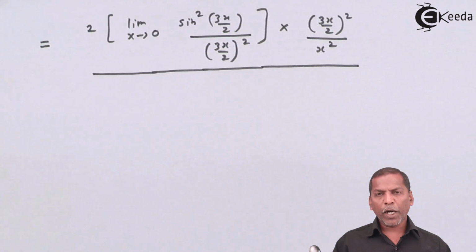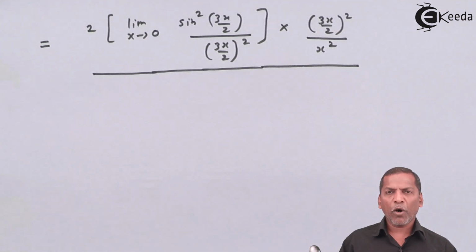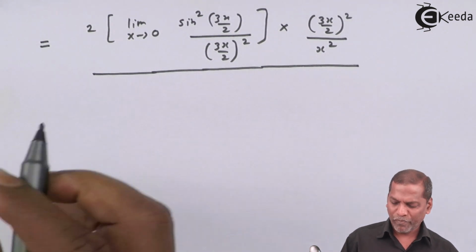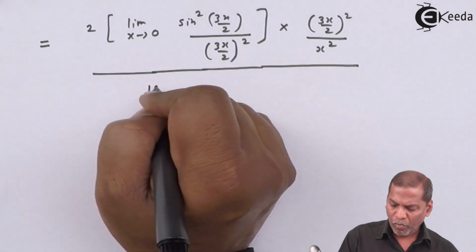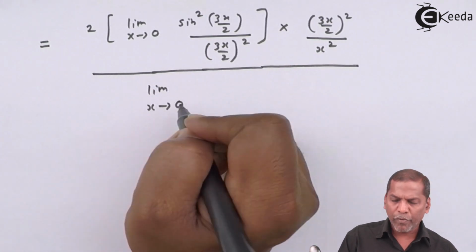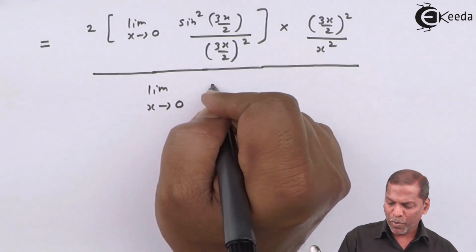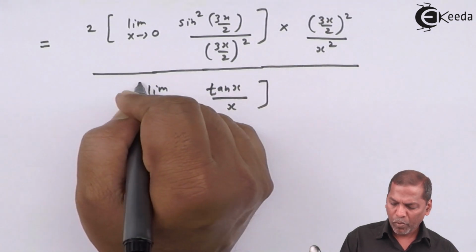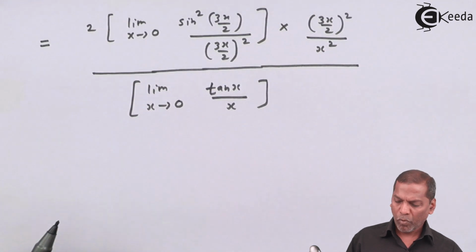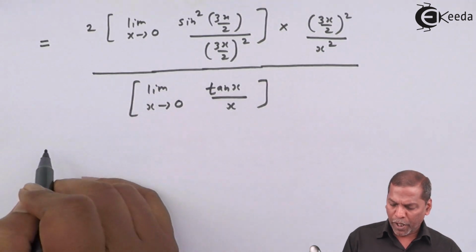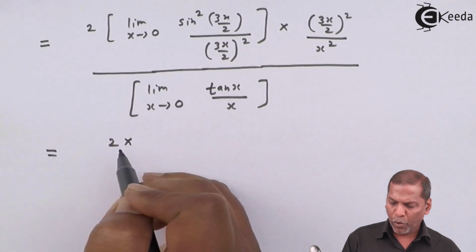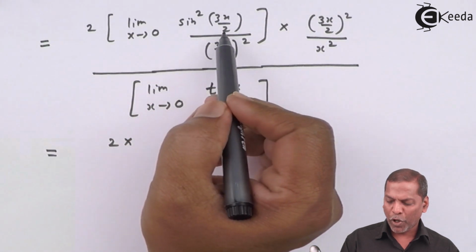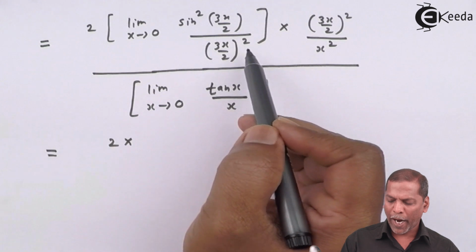It means here we multiply numerator and denominator by the term (3x upon 2) bracket square. Now in the denominator we write limit x tends to 0 simply tan of x upon x. So in this way we get 2 into, now limit x tends to 0 of sin square (3x upon 2) upon (3x upon 2) whole bracket square.